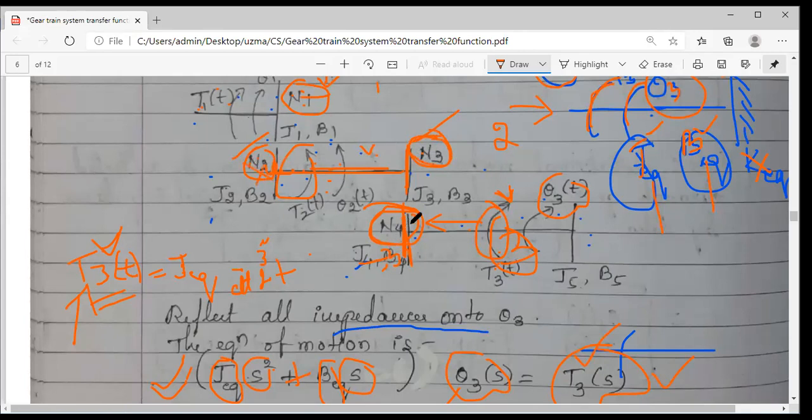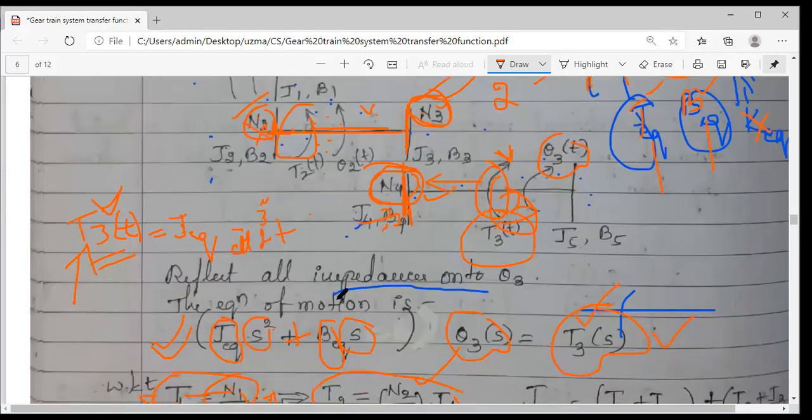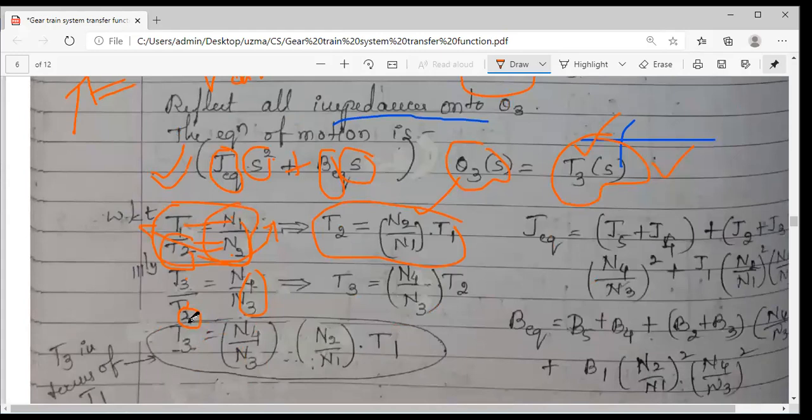Take N3, because N4 and N3 in turn, their rotation matters. Because of these only, the other one will move. That's why for T3 take N4 and for T2 torque take N3. So taking that ratio, T3 by T2 is equal to N4 by N3. Don't take blindly 3 by 2.